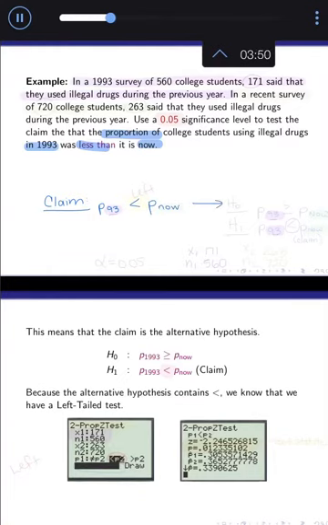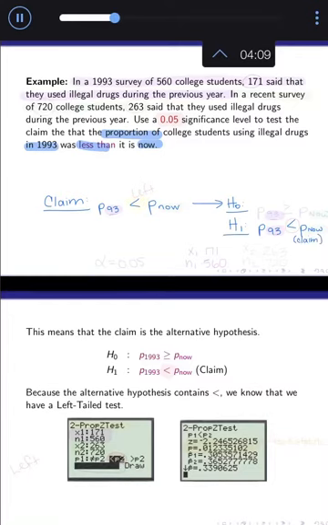Where will that claim go? That claim will go in as our H1. Why? Because there's no equal to. So again, I'm going to use the p, the proportion for 1993 is less than the proportion for now, and I'll label that as my claim.